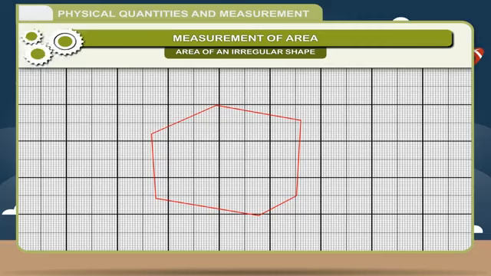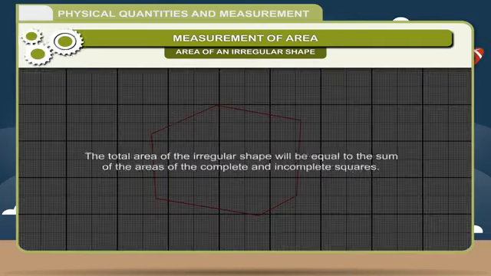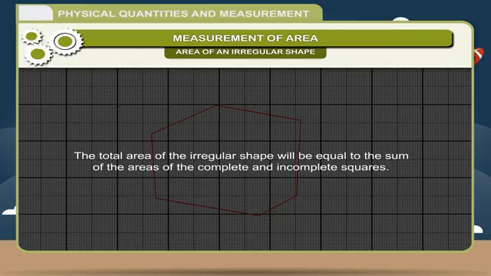Then we count the number of complete and incomplete squares. The area of incomplete squares is approximated to be the half of area of complete square. The total area of the irregular shape will be equal to the sum of the areas of the complete and incomplete squares.